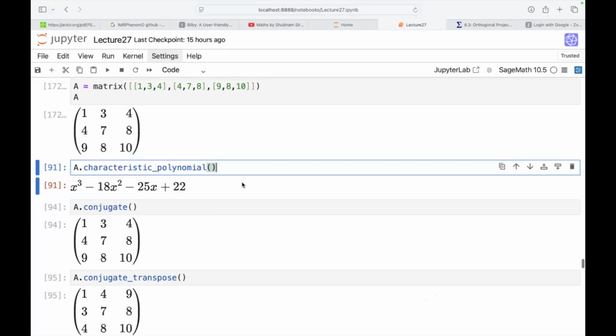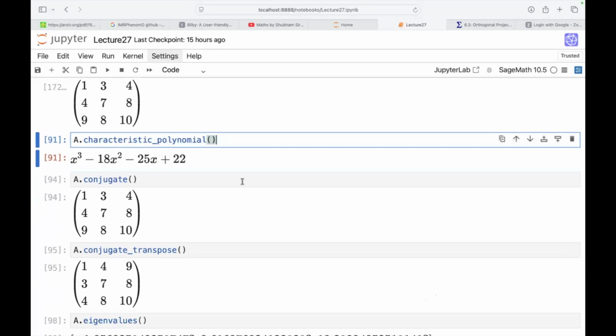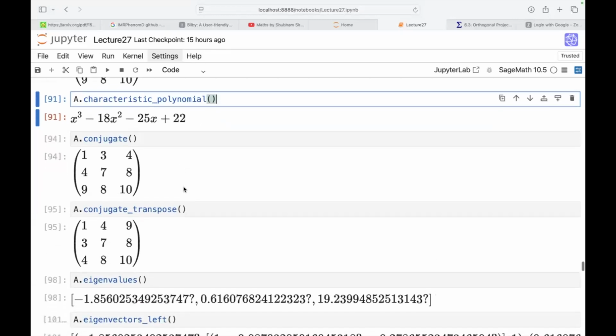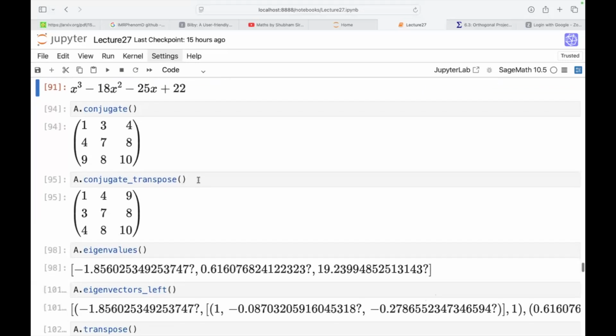Any question? And the A dot characteristic polynomial, the x cubed minus 18x squared minus 25x plus 22. And the A dot conjugate transpose, the A conjugate. Any question?